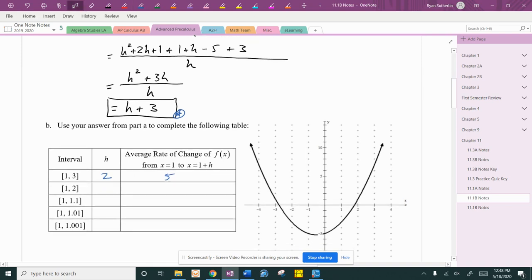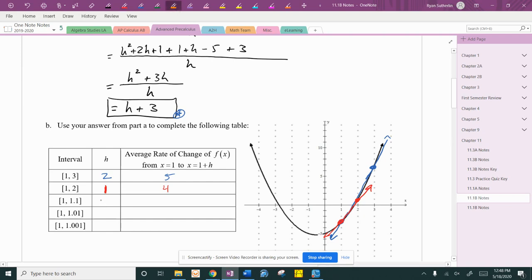Remember, we call this line a secant line, and the slope of that secant line is 5. What's the average rate of change between 1 and 2? Now the h value is just 1, so it's 1 plus 3, which is 4. The slope of that secant line is 4.